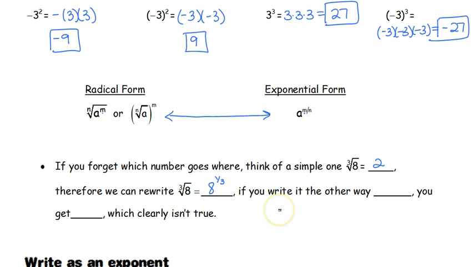If you were to write it the other way, 3 over 1, you would get a big number, 512. That would be 8 times 8 times 8, 512, which clearly isn't true. If you are taking the root of something, the number is getting smaller. If you're raising it to the power, it is getting bigger. So take a simple one and test those numbers out and see which way is the correct way if you end up forgetting.